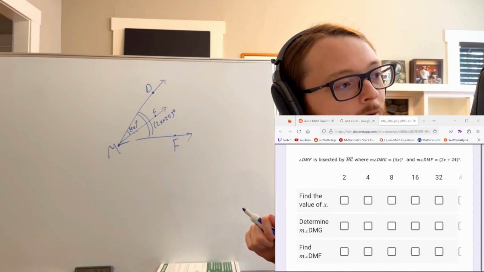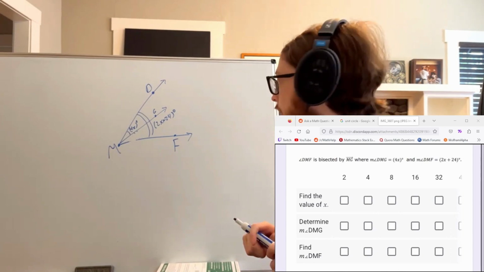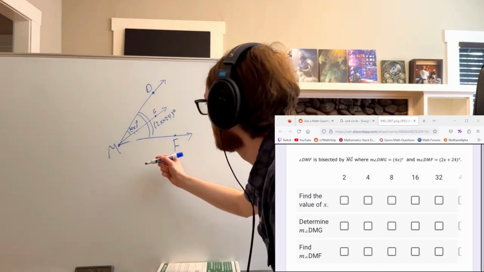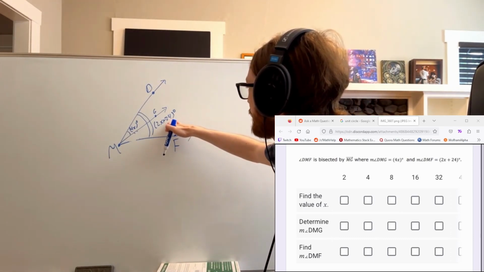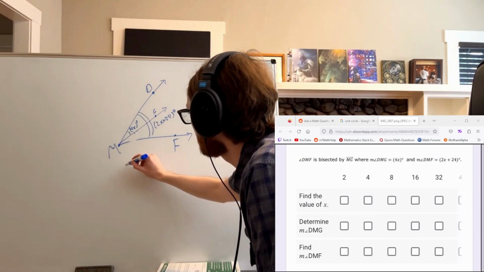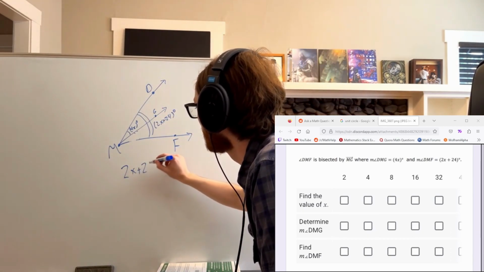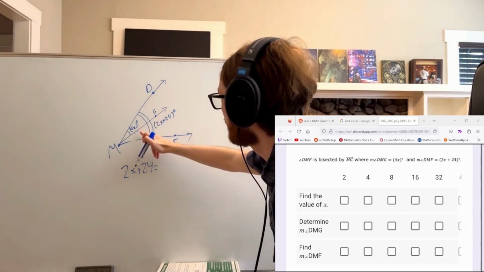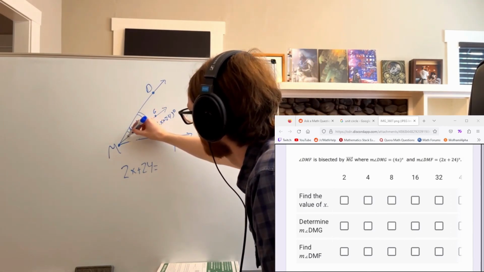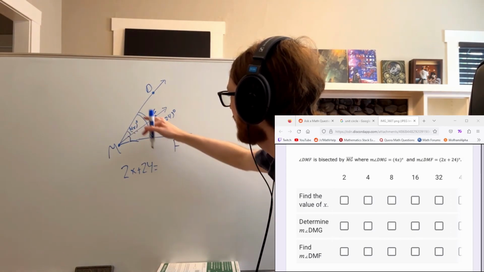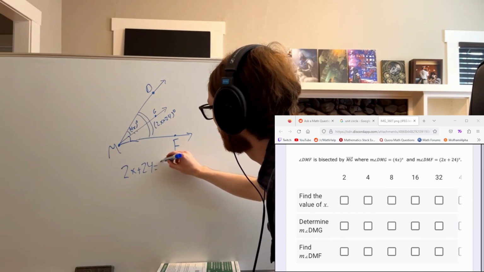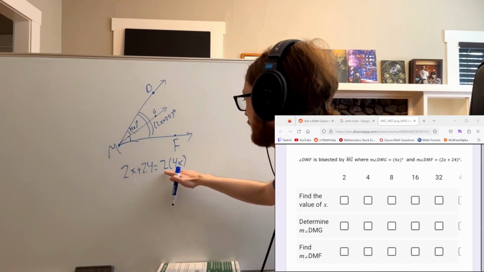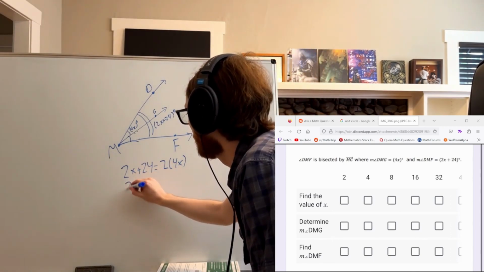Maxi, you're probably right. Basically, how we would set this up is, let me just make sure I can block. Okay, good. 2x plus 24 degrees is the entire angle. And because this is a bisecting, this angle down here is also 4x. So the entire angle should be equal to 2 times 4x, which means 2x plus 24 equals 8x.